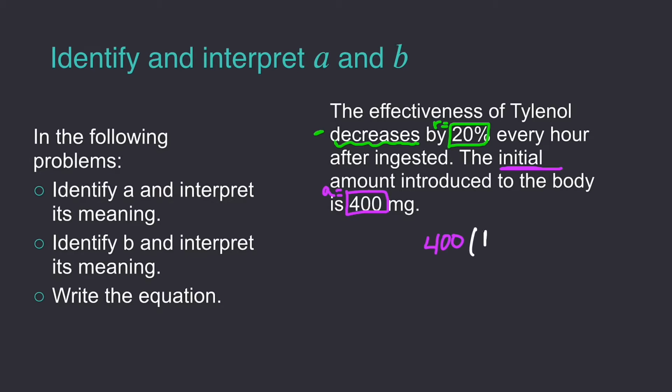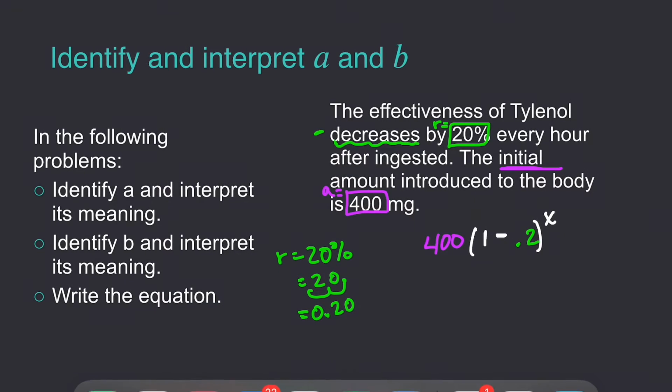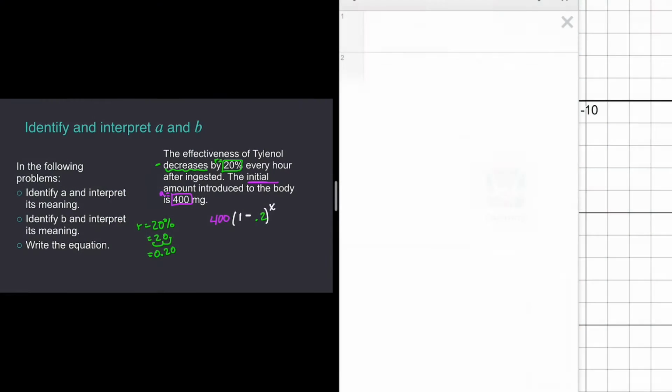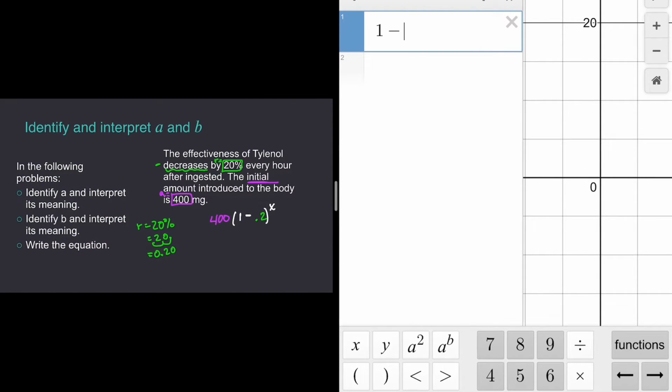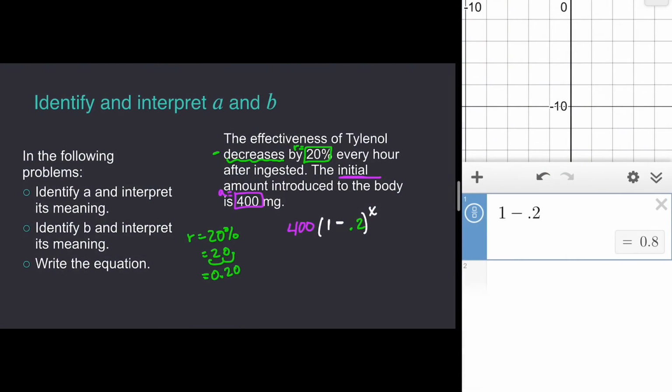So we're going to do 1 minus 0.2, because 20% is 0.20, raised to the x power. Now, doing subtraction with decimals can be a little bit tricky, so we're going to pop open Desmos, and we're going to do 1 minus 0.2, which tells me 0.8.